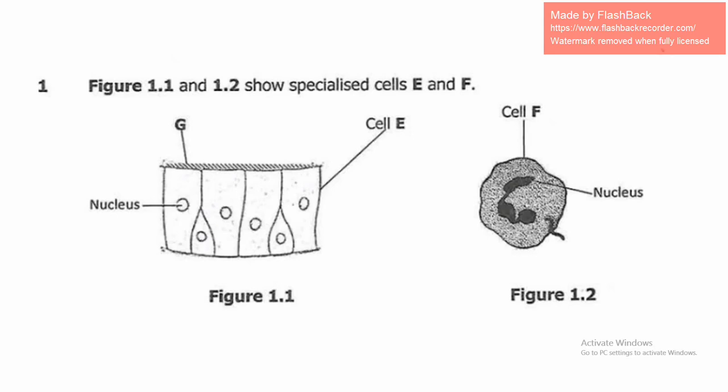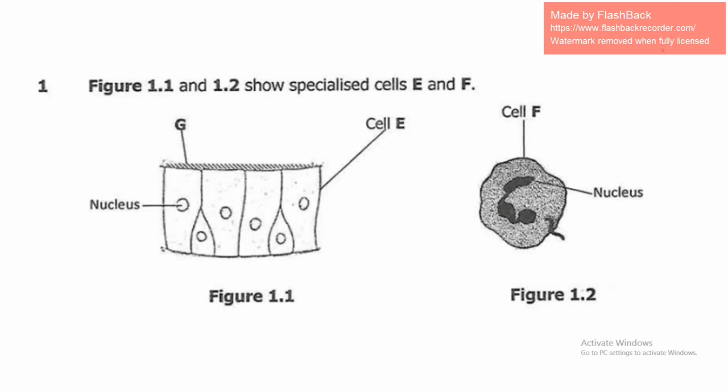Then finally, the third stage is cell specialization. Cell specialization is a stage at which cells develop their features to carry out a specific function. So since I'm saying these are specialized cells, it means they only have one specific function.